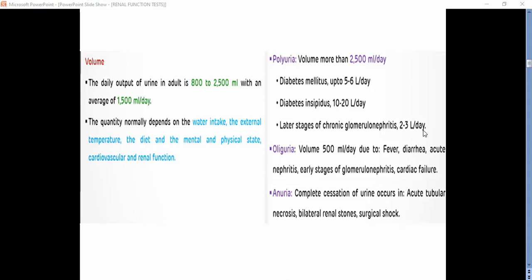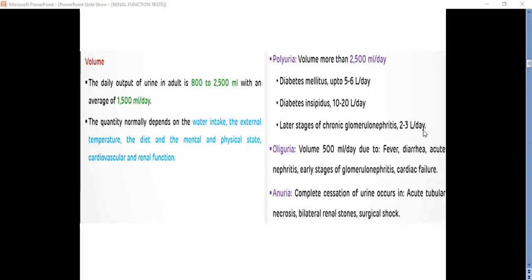We have to check whether he has fever or not. In fever, you cannot get a large amount of urine, because more water is used for maintaining the temperature. And in diarrhea, water is also lost through the fecal route. So these are the conditions we have to exclude from the oliguria condition.